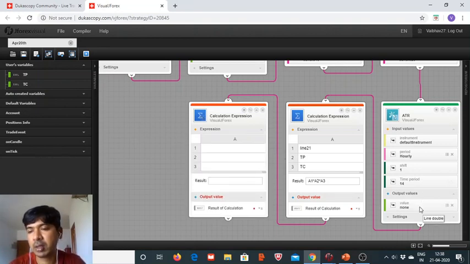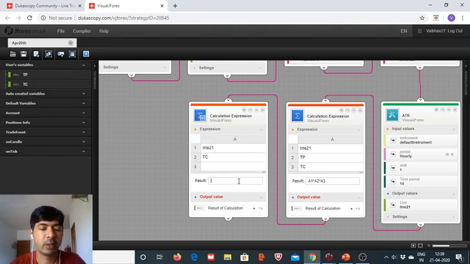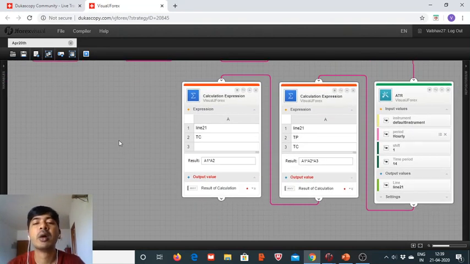And again we take this line 21 and multiply it by the type conversion variable, and we get the result A1 into A2. So that's it for our entry and the exit points.